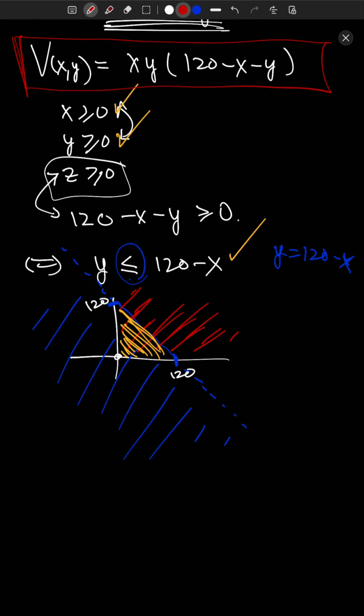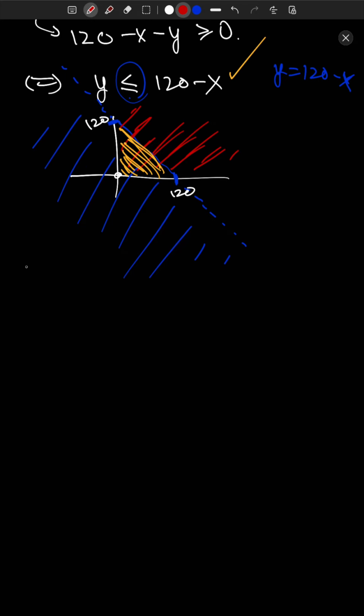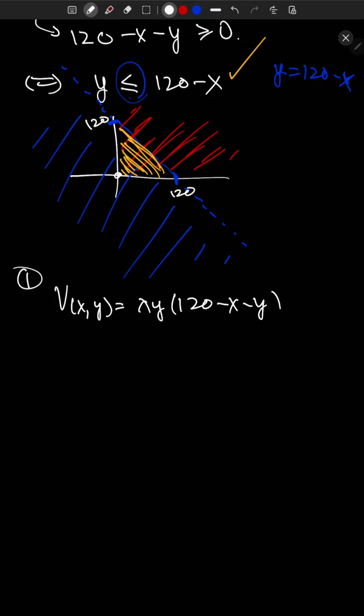So there's no candidates from places where our function isn't differentiable. Okay. Let me actually do the part 1, because I just want to show that these problems can be a little complex, right? So v of x comma y was xy times 120 minus x minus y.